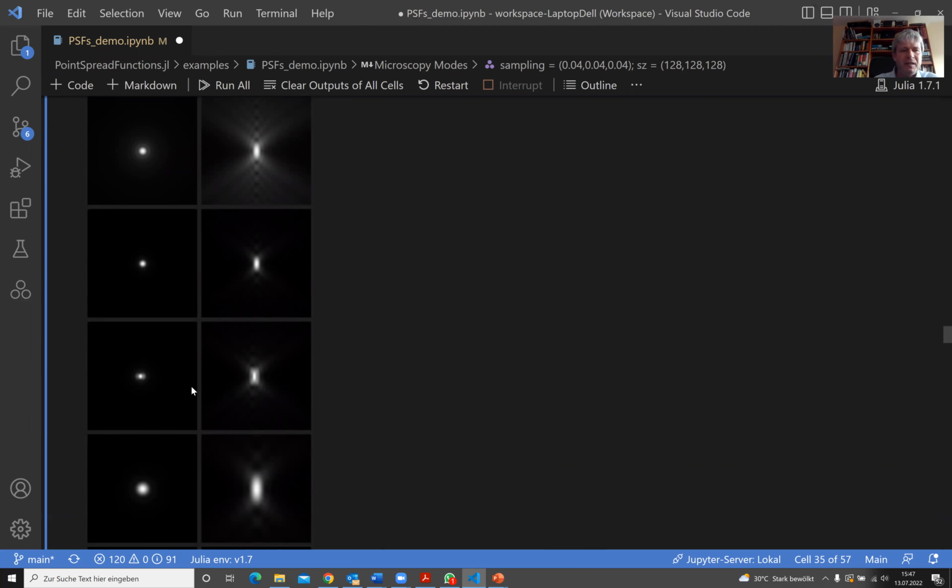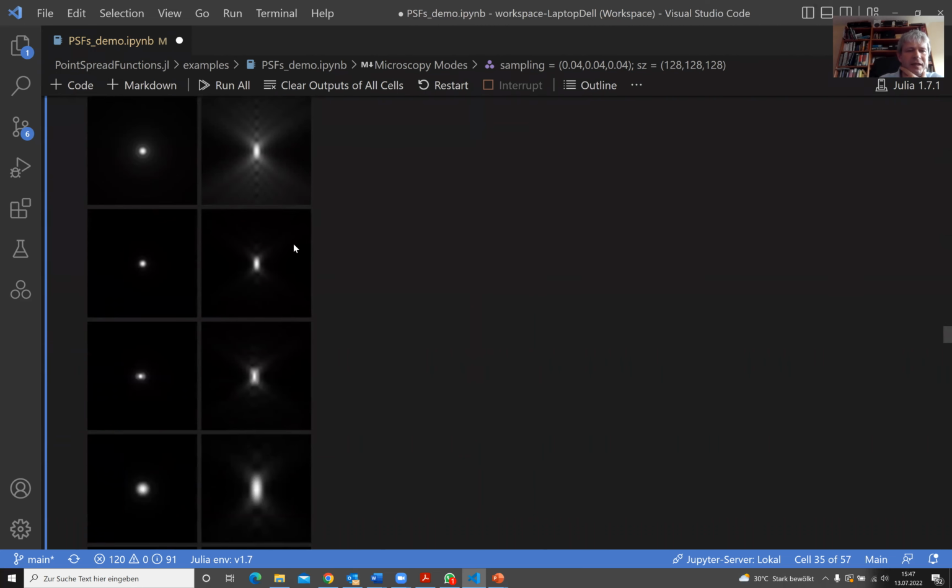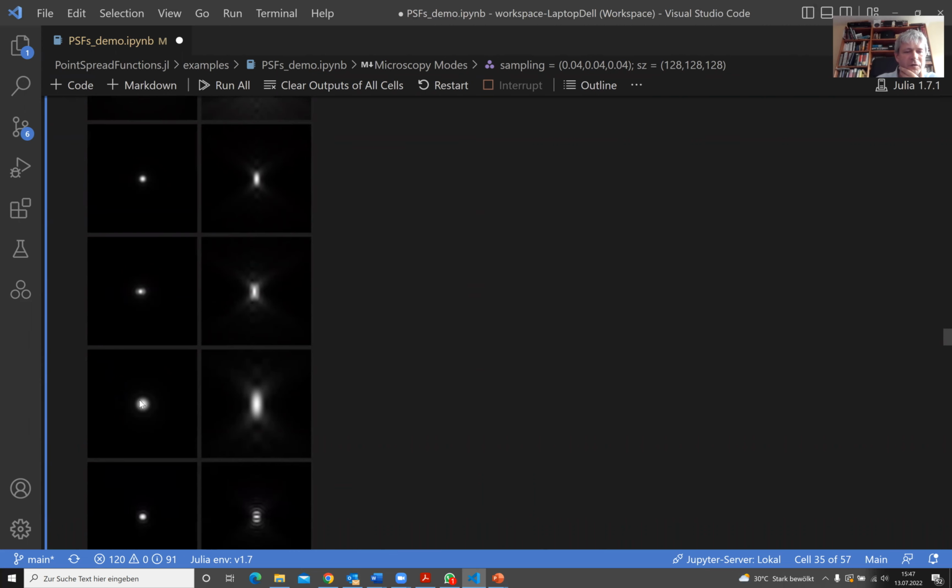Here we have an ISM mode, which is image scanning microscopy of a particular offset pixel. So I've just displayed one of this array of point spread functions that you get as a result. The third one is just a laterally translated mode, where you might notice that this point doesn't sit at the center, but is slightly offset.